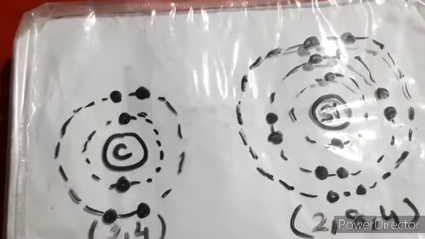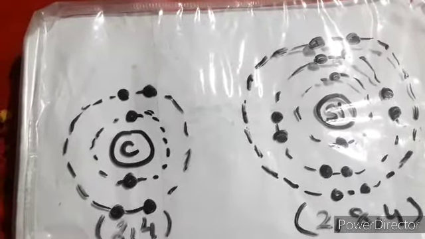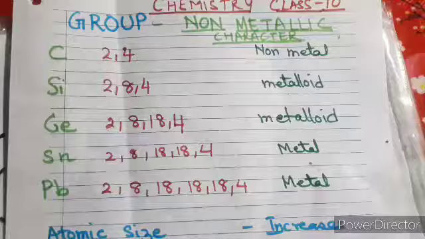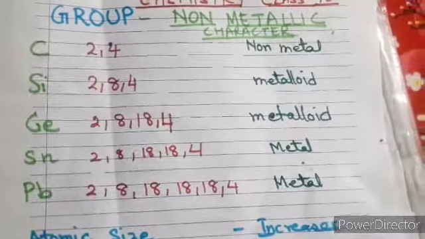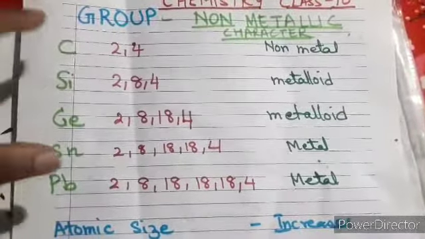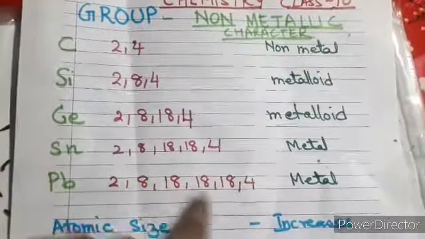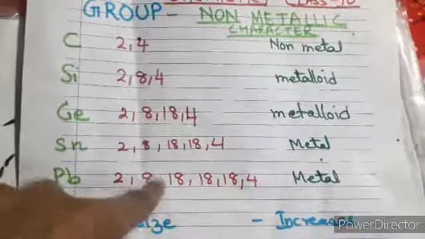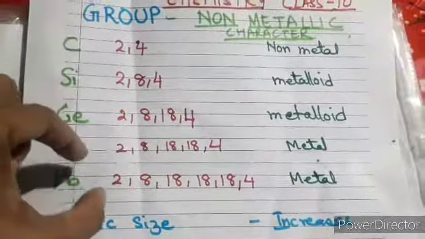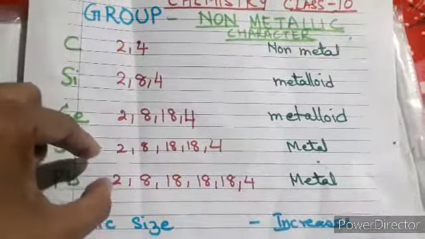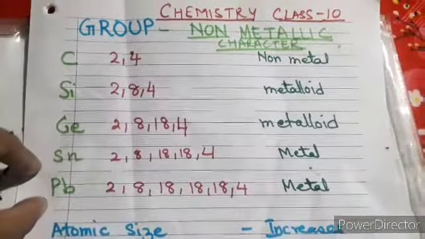Let's focus once again on the diagrams, or you can say on the elements which we have written earlier. If you talk about ionization potential over here, just see on this, down the group ionization potential is decreased, this will have the less ionization energy. So what will happen if it has low ionization energy or ionization potential, it will behave as a metal.